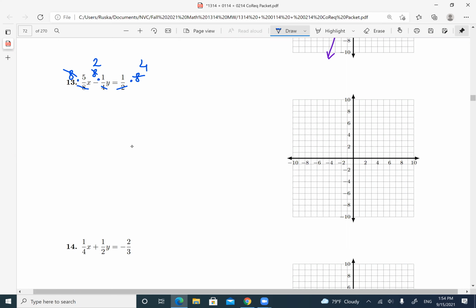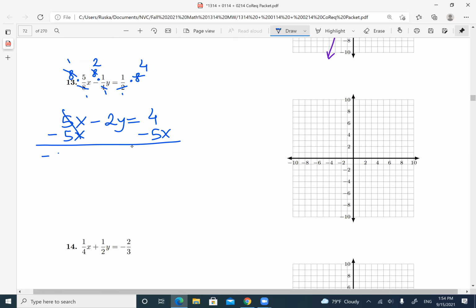So we are left with 5x minus 2y equals 4. And then you're going to do the same steps. You're going to subtract 5x on both sides to get y by itself. You have to get slope-intercept form.